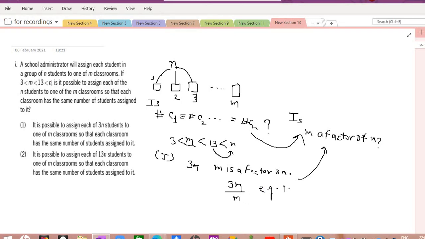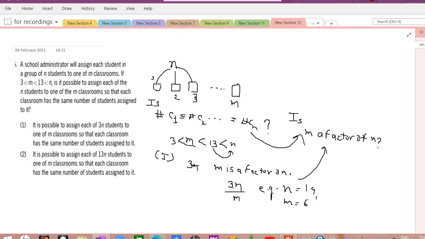Let's say the value of n is 14 and the value of m is 6. In this case, m will be a factor of 3 into 14. Yes. I understood it this way: essentially it says 3n divided by m is an integer.